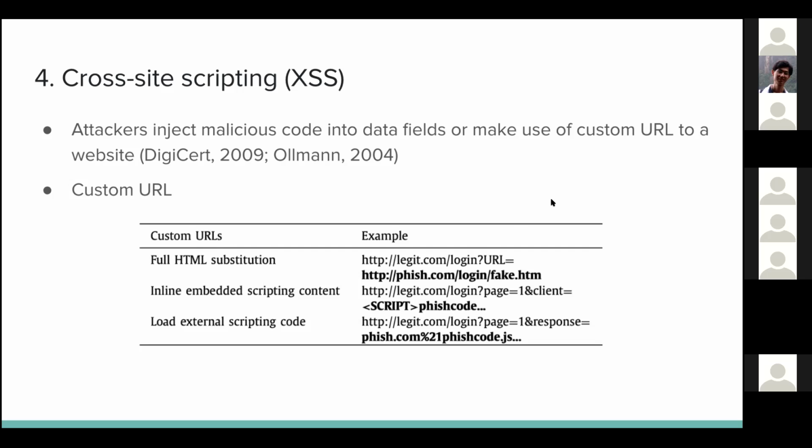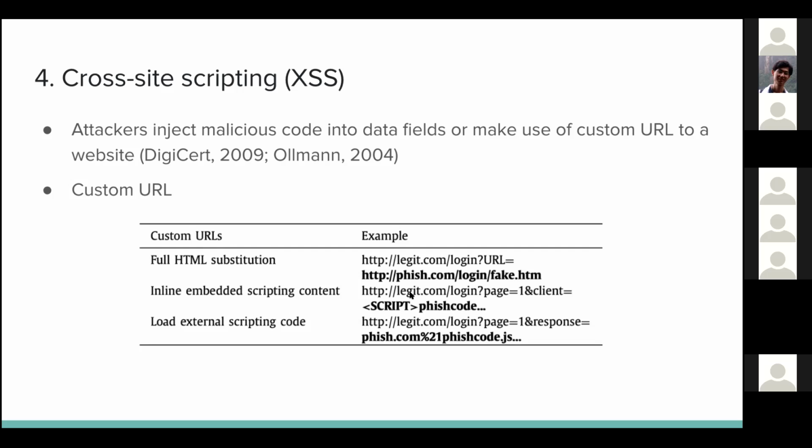Keep going. Okay. So another area that contributes to phishing is when an attacker injects malicious code into data fields, or makes use of a custom URL to the website. For a custom URL, what they can do is substitute the URL so that when you load the login page, it loads information from this other phishing page.